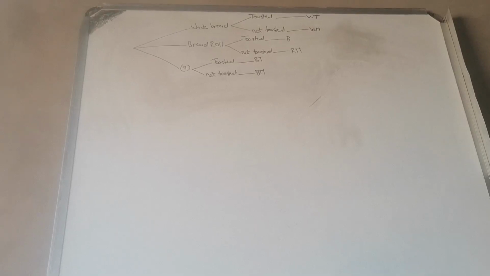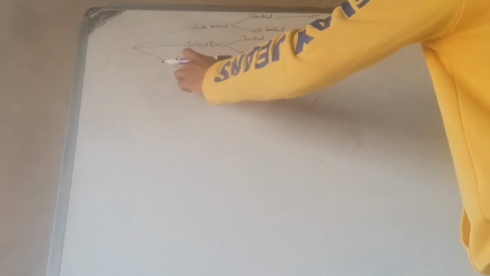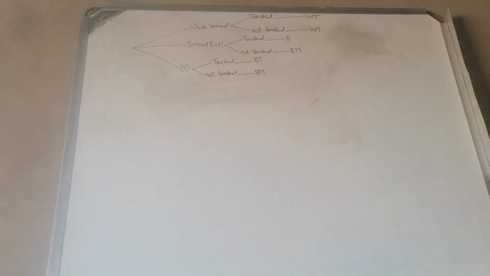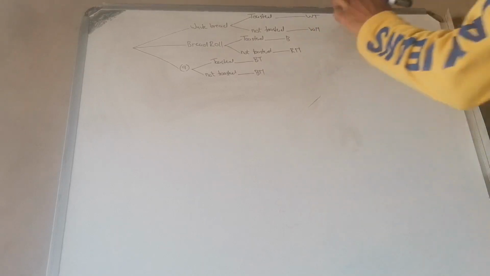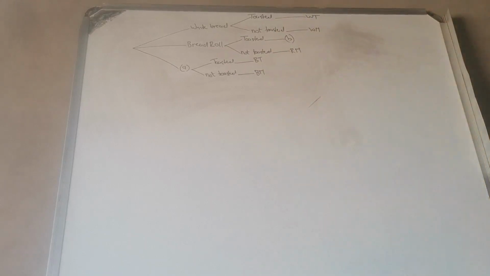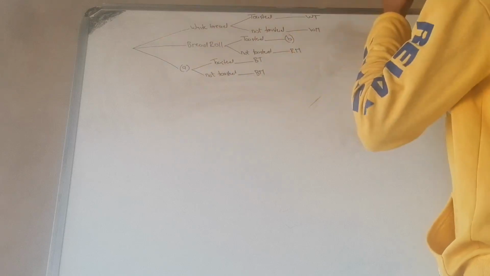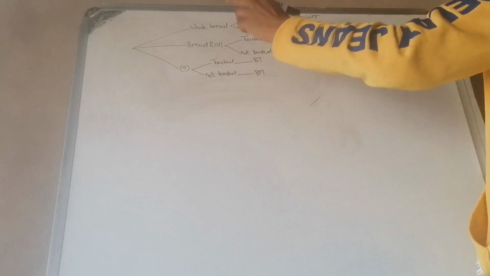Okay, so this is what we have. We have white bread, bread roll, and then we have the letter A, and the letter B somewhere here. In 1.2.1, we have a white bread, a bread roll and an alphabet A. White bread can be toasted or not toasted, that is your choice.